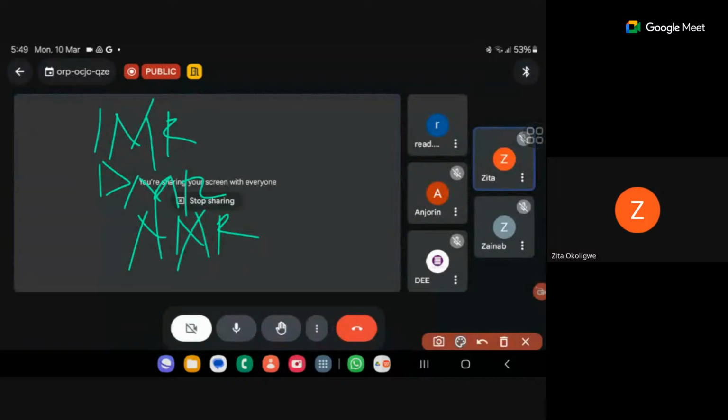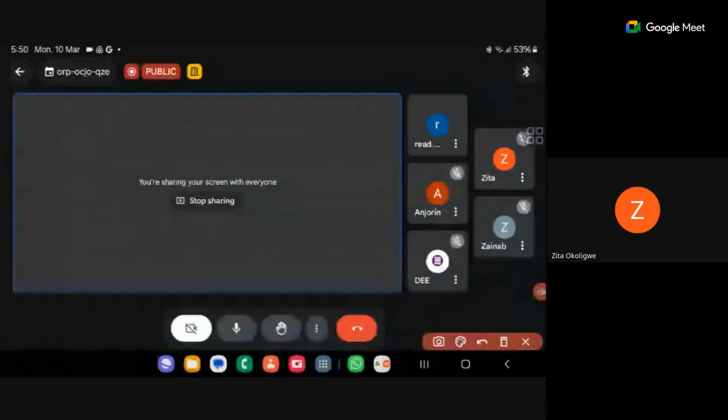So I'll take note of the way I'm drawing this diagram so I can draw it correctly in your notes. So on the graph, I have something like this.